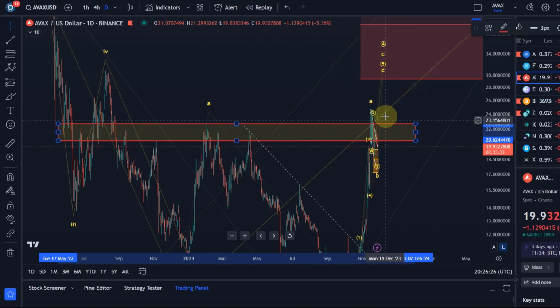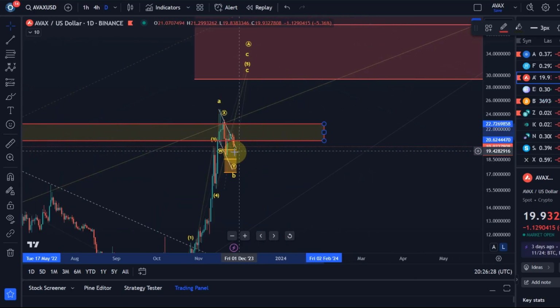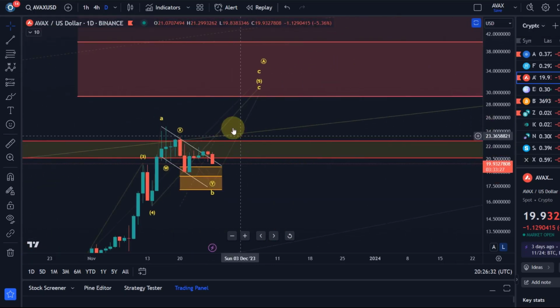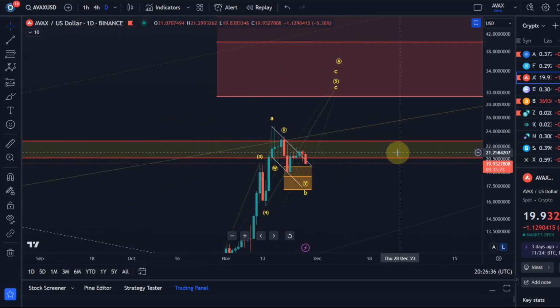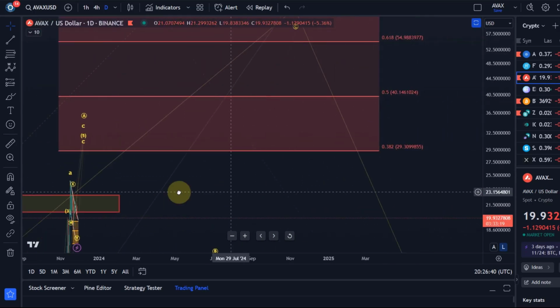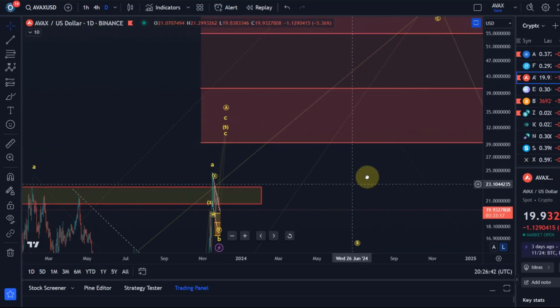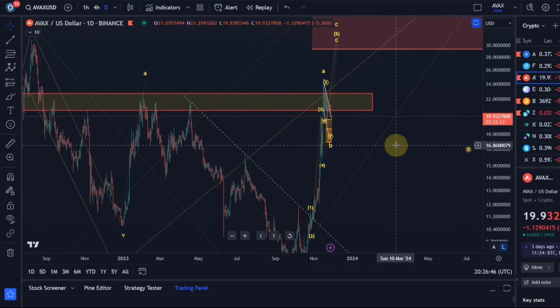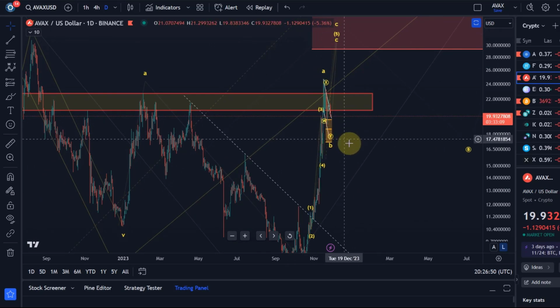But as soon as we break above the high that was made on the 17th of November, we can watch for the $29 level as the next target. So essentially, I would still anticipate one more leg up, but certain support levels need to be holding for that.